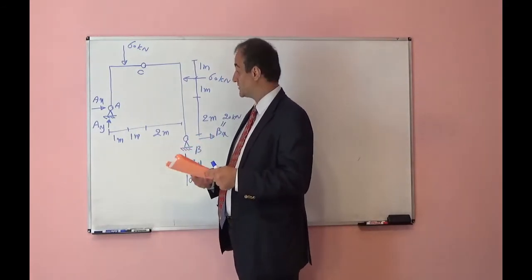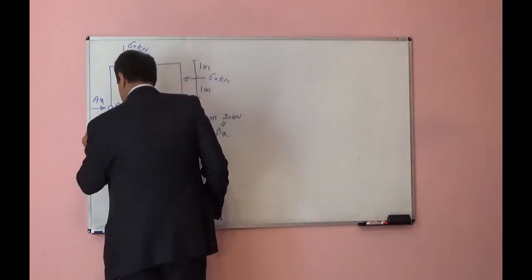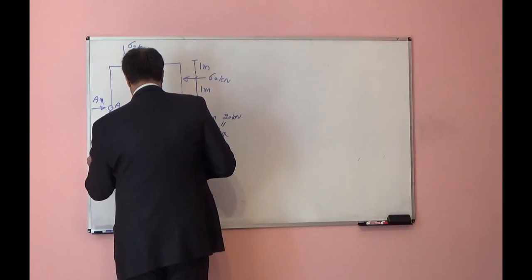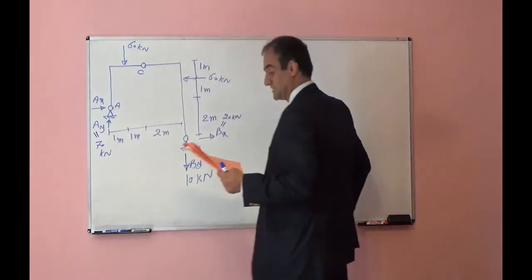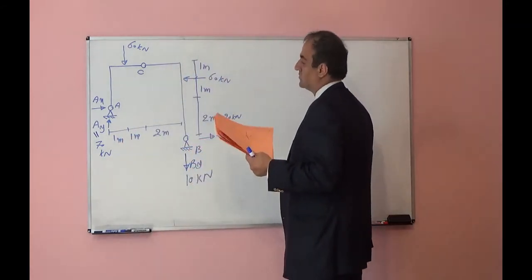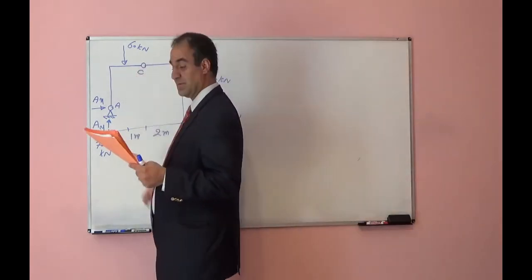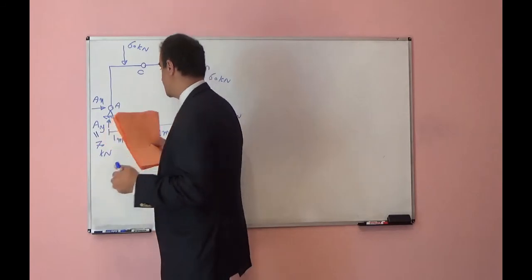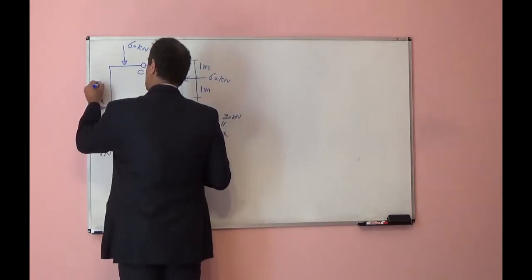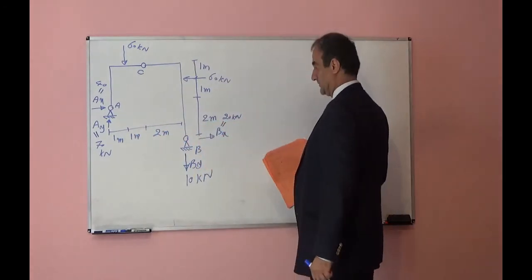Summation of forces in the vertical direction gives Ay equal to 70 kilonewton. If you take moment with respect to point C for the left side, you can find Ax. Ax will be 40.